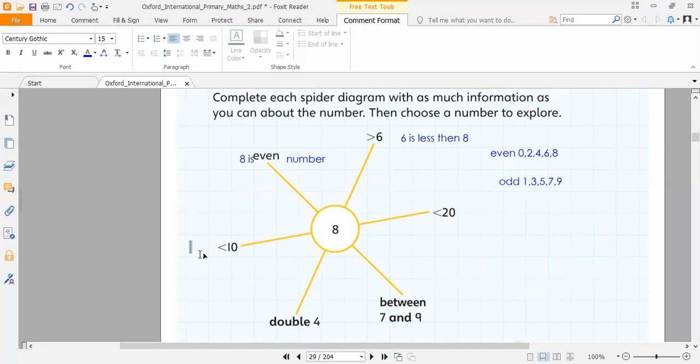So we can write here that 8 is less than 10.